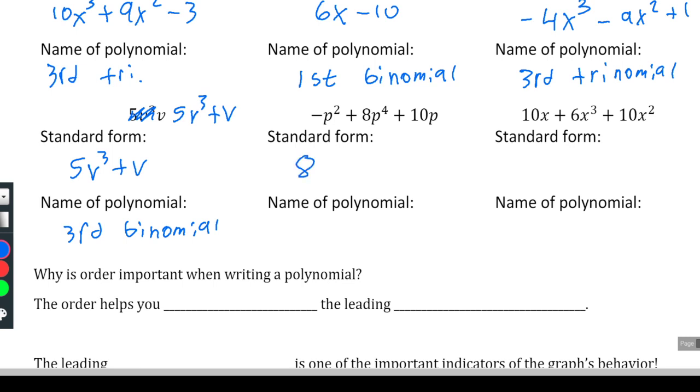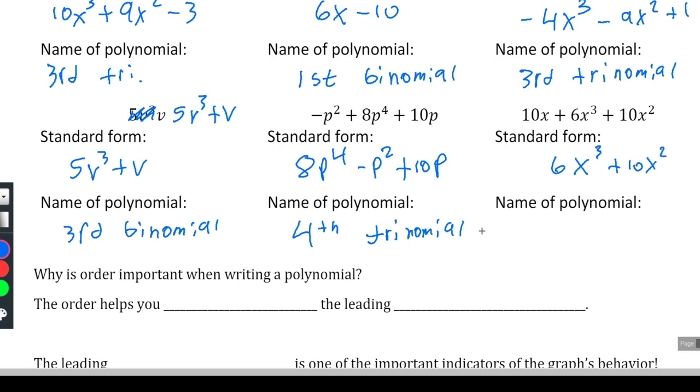And working through the rest of these, we have 8p cubed minus p squared plus 10p is a fourth degree trinomial. And last but not least, 6x cubed plus 10x squared plus 10x. And that is a third degree trinomial.